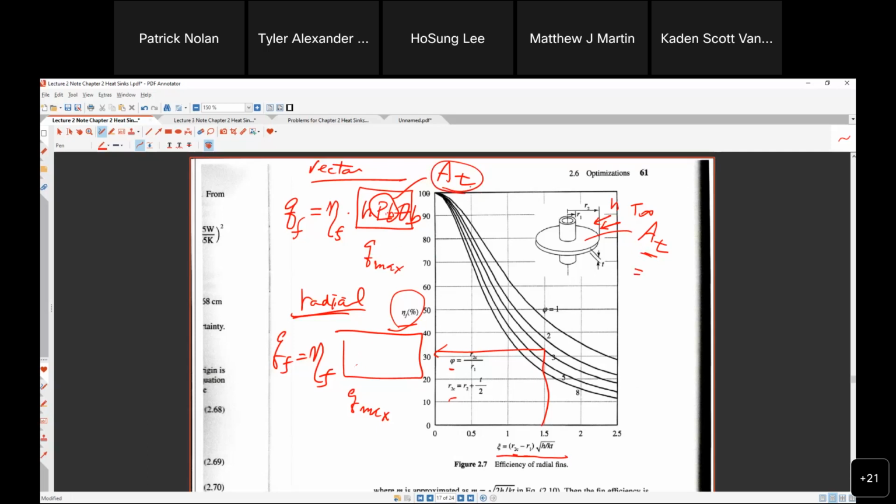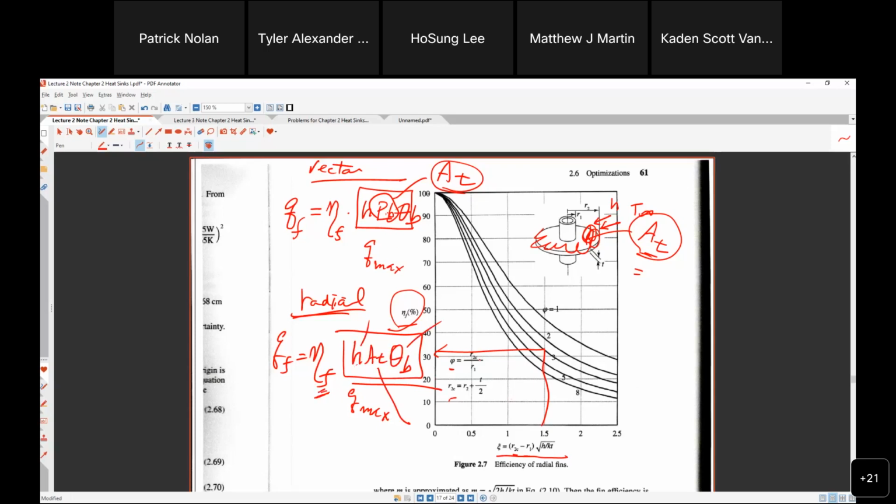So if the area is AT total, then what would be the maximum heat transfer? Would it be HAT theta B? Yes. That's simple. All we have to figure out is AT. Then H is given, theta B, and the efficiency.